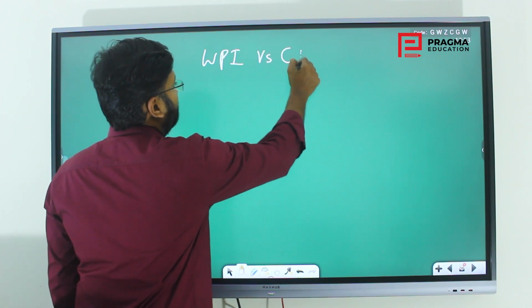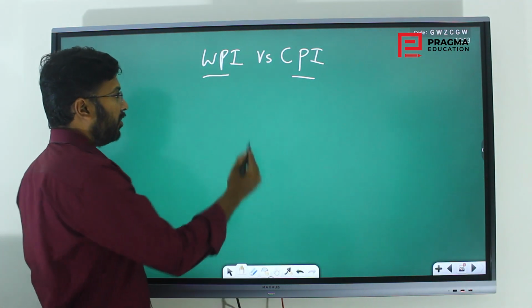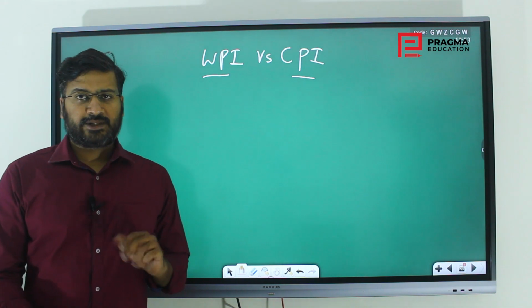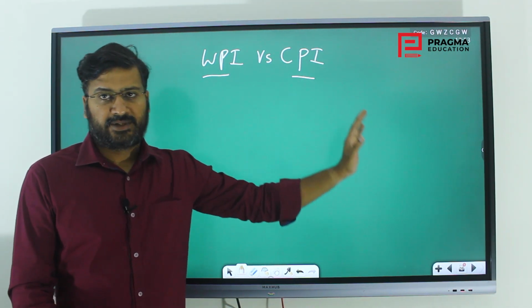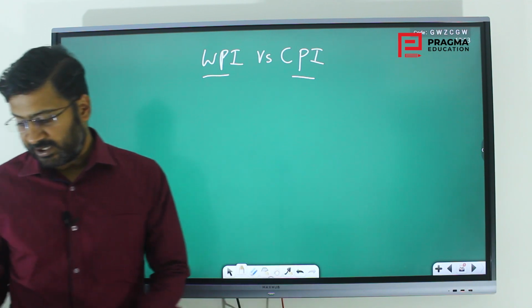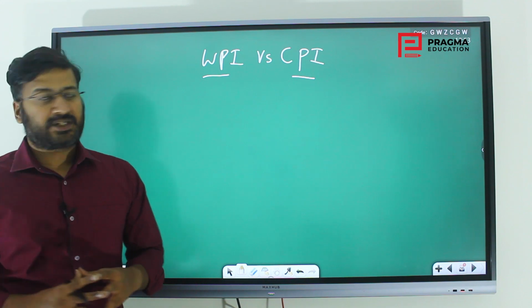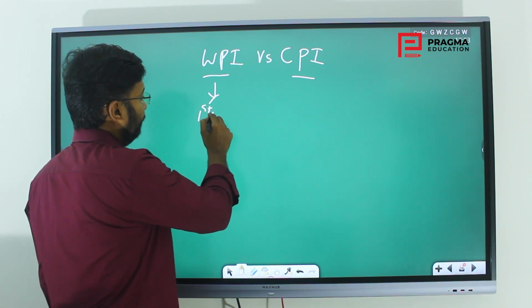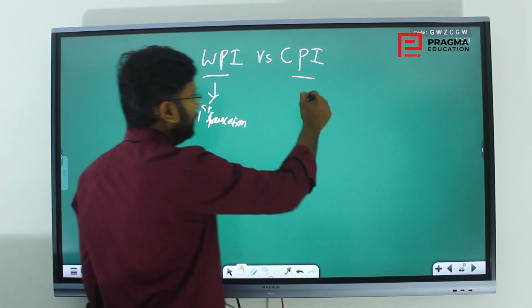WPI versus CPI. As we already know, WPI covers only goods, not services, while CPI covers both goods and services. This we already know, the basic difference. Next, WPI captures average prices of bulk sale of commodities in the first stage of transaction, and CPI is beyond that.